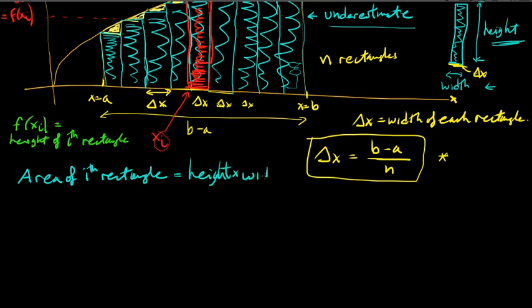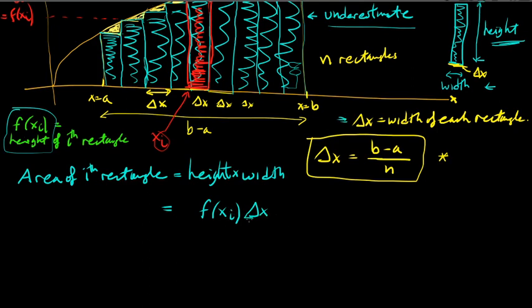So what's the height going to be? Well, the height is right here. It's f of xi. What's the width? Well, it's this delta x. So times delta x. And this is true of all the rectangles.